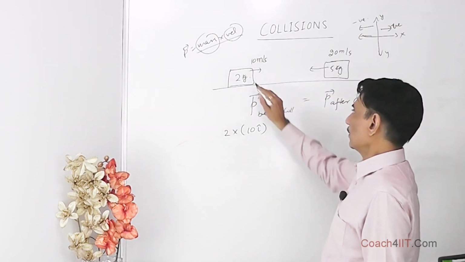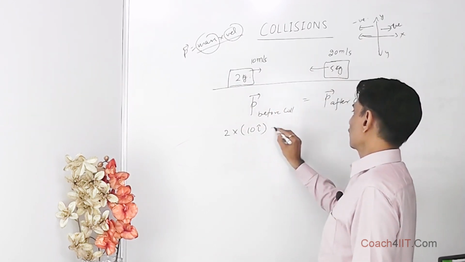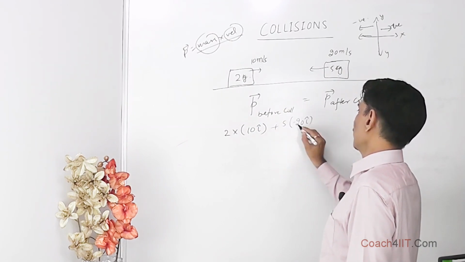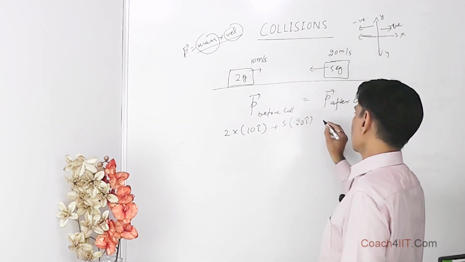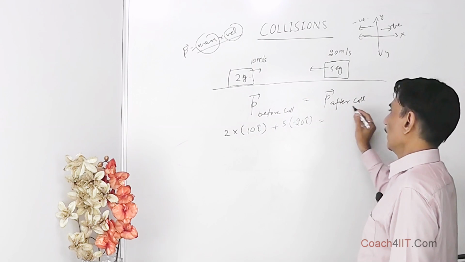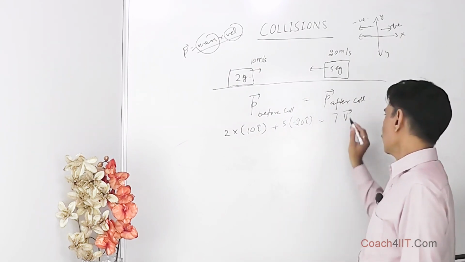Momentum before collision of this is 2 into 10 i cap, plus of this 5 into minus 20 i cap, since this is moving in this direction. This is equal to the momentum after collision, that is, the total mass 7 into V vector. You don't know the value of V vector.